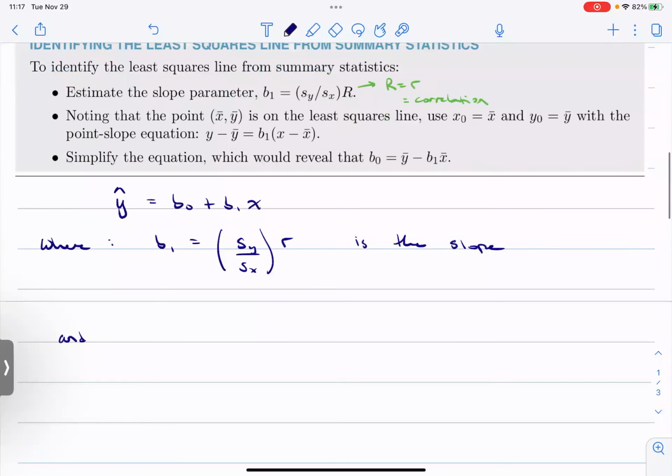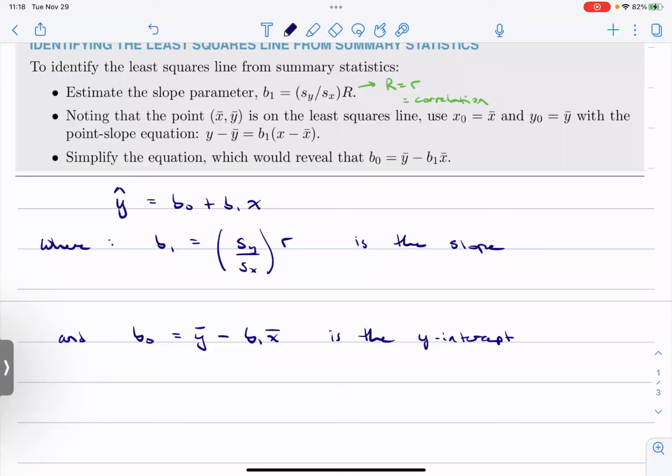And B0 is y bar minus b1 x bar, the y-intercept. I'm going to stop calling it the y-intercept and just call it the intercept. The x-intercept is not useful to us. It's where the predicted value would be 0. Maybe that is interesting, but not typically.